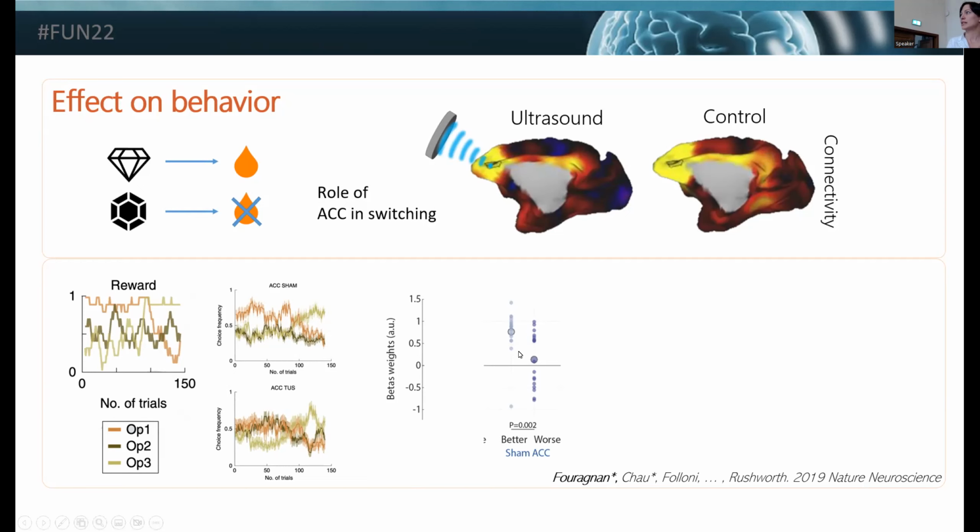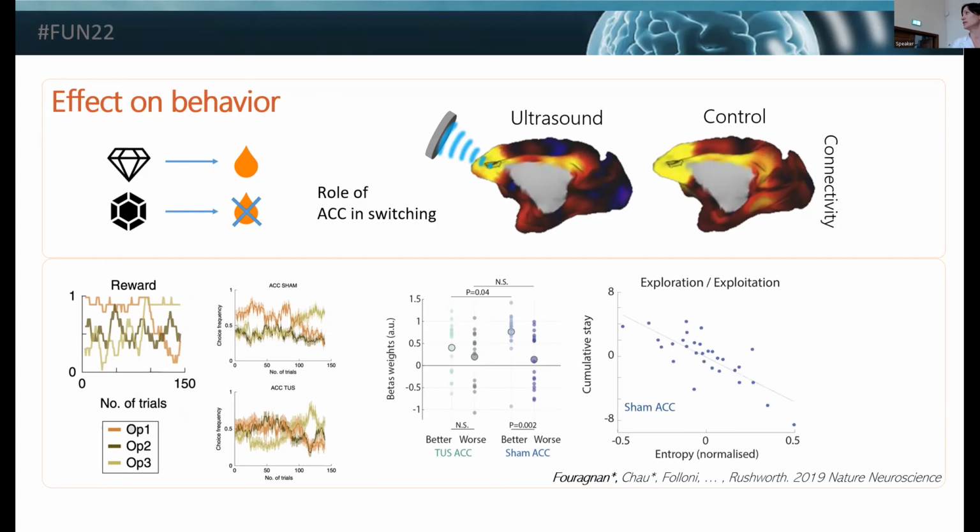They're very good at it in the baseline session, but this was perturbed after the ACC was neuromodulated. Not only were they not that good at switching to the better alternative, they were also more likely to choose the worst. And this was significant.